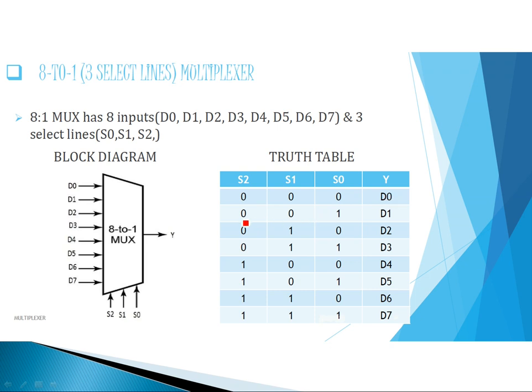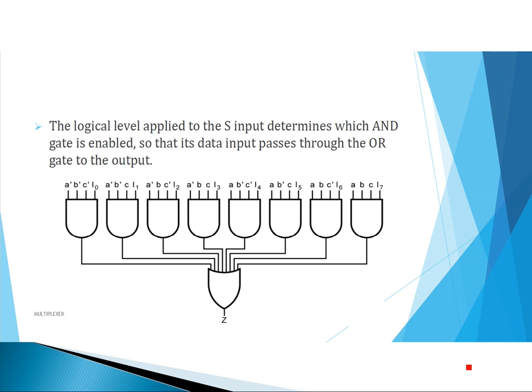And for the second AND gate, S2 bar, S1 bar, S0, D1. So like this, you can draw the logic diagram. See here, 8 AND gates of 4 inputs, and the output of all these AND gates are connected to the OR gate and the output Z.